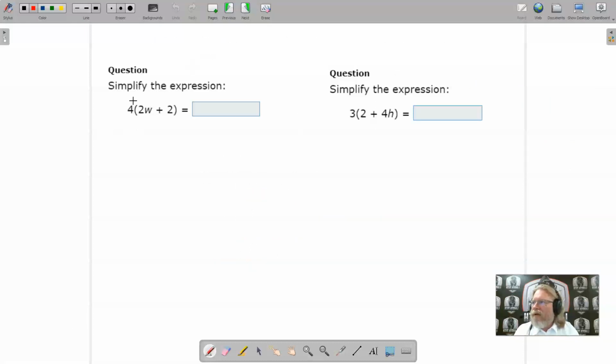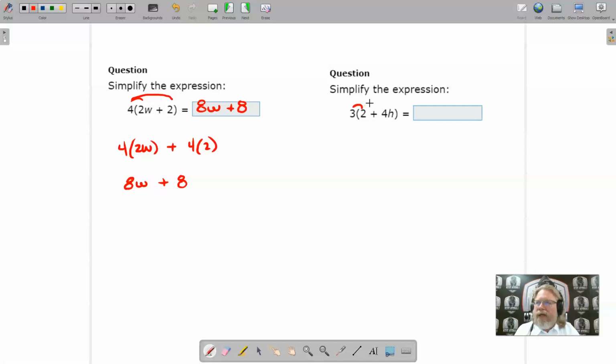Moving on to the next one, we have 4 times 2w, so 4 times the 2w, and we also need to distribute it to the positive 2, so it's plus 4 times 2. 4 times 2 over here is 8, and the w goes along for the ride. Add that to 4 times 2, which is 8, so we end up with 8w plus 8.